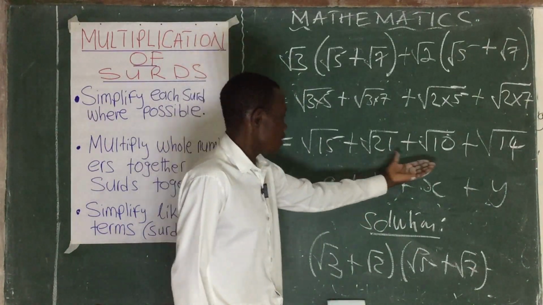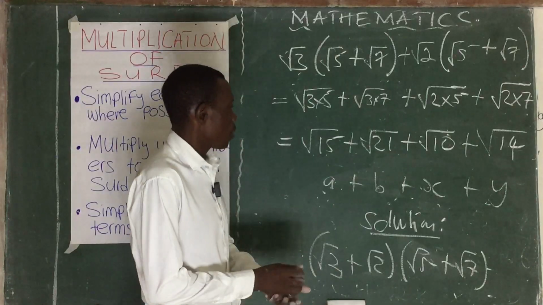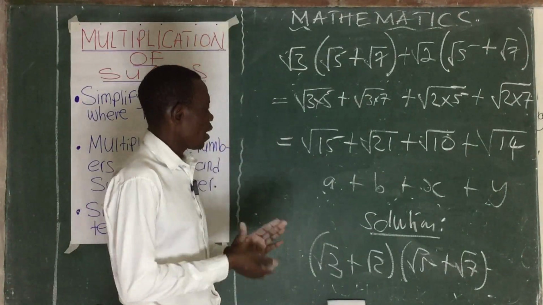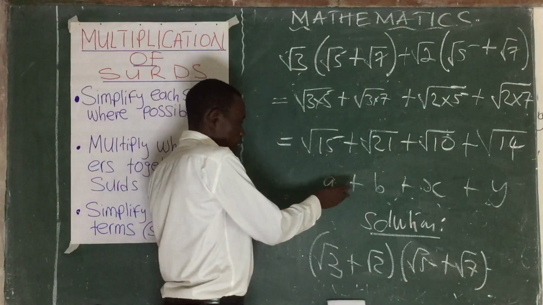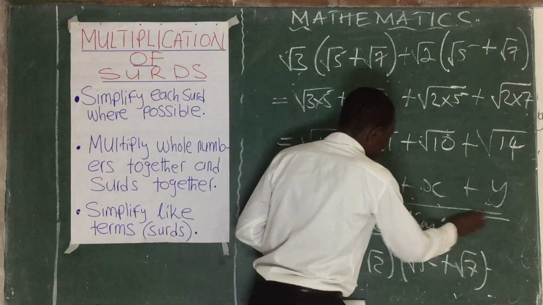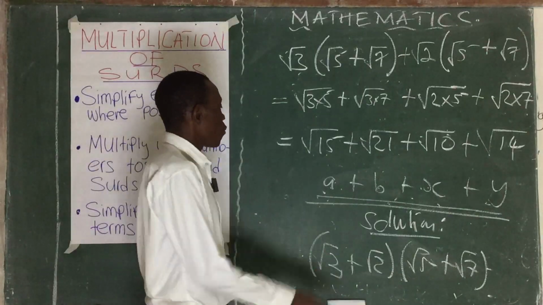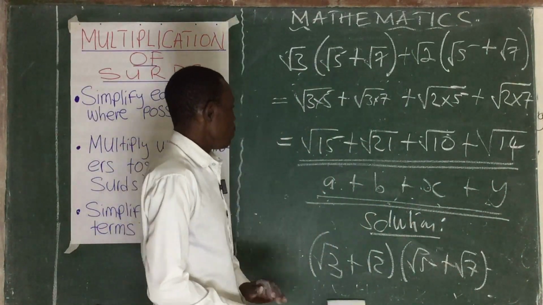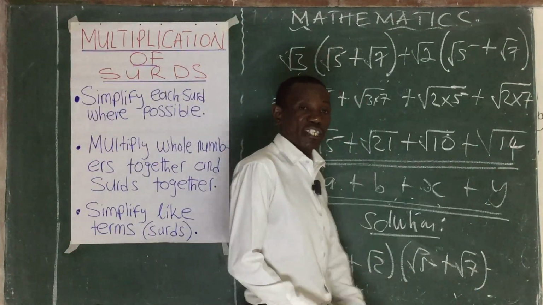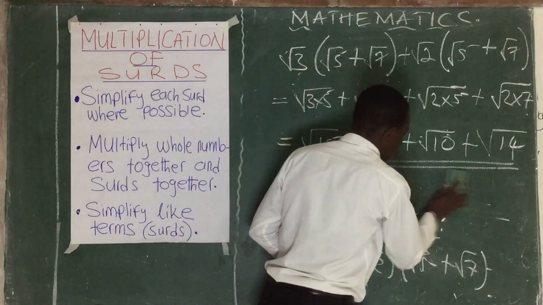Because this and that, you can see all of them are different irrational numbers. So as far as we cannot manage to simplify this and we conclude this as our answer, we also do the same, that this one also is our final answer, meaning that the expression cannot be simplified. So that's it.